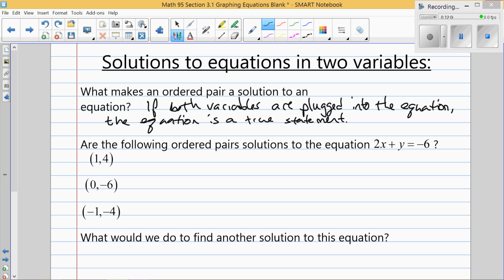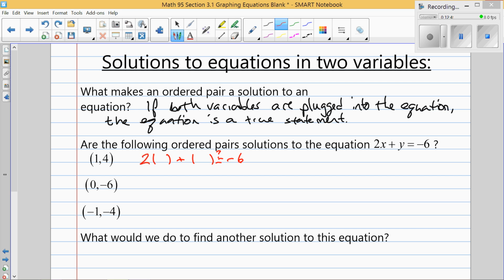So let's just try it a couple times. I want to find out if the following ordered pairs are solutions to the given equation. How I like to show this, I like to specify that I am plugging variables in. So let's pick a different color. I'm going to show that I'm plugging the 1 in for the x and the 4 in for the y. How I do that is I copy down the 2. Where the x is, I'm going to put a set of parentheses, and then plus parentheses where my y was. And we're trying to find out if this equals -6.